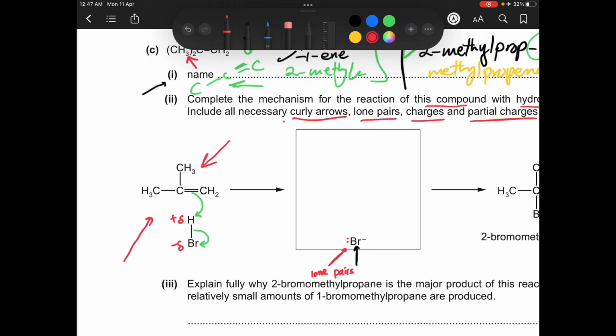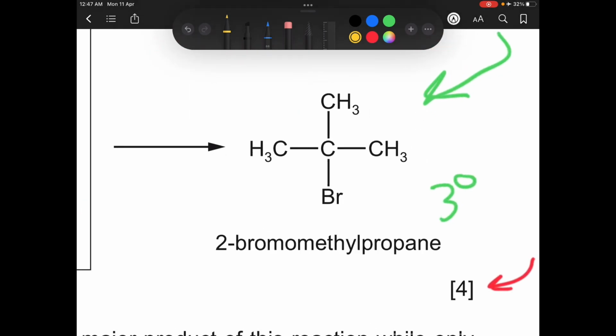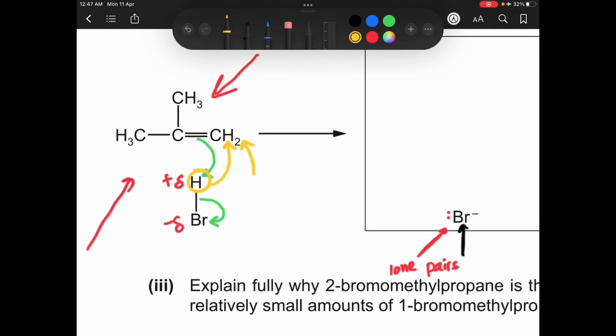In this carbocation, what will happen here? This hydrogen will be taken to this carbon in here. How did we know that? If you go to the product, you will notice that it was CH2 and then it becomes CH3. So for sure, the hydrogen is bonded to this carbon. Just remove these arrows, I don't care about them.